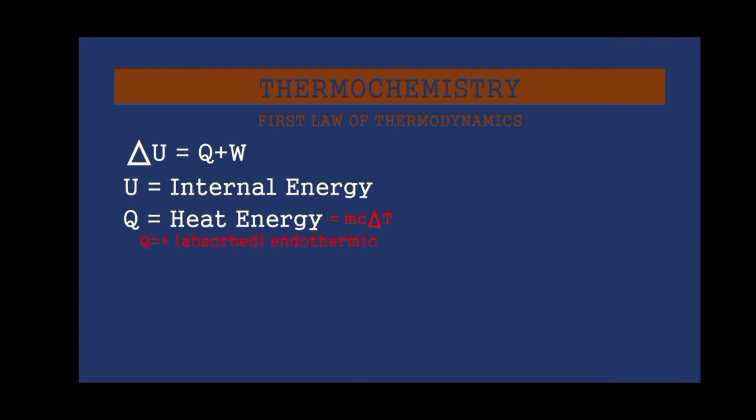Remember that if Q is positive, then the system absorbs heat, and if Q is negative, then the system releases heat, and it is called exothermic. And now the W, the work, where work is equal to negative pressure times the change in volume. Remember that if the work is done on the system, then the work is positive, and if the work is done by the system, then the work is negative.